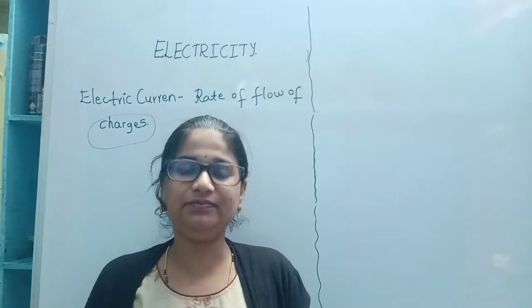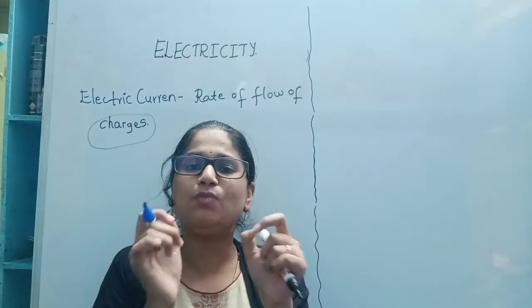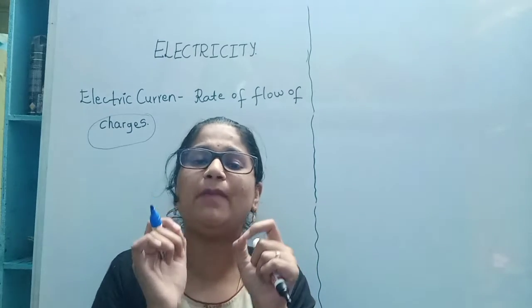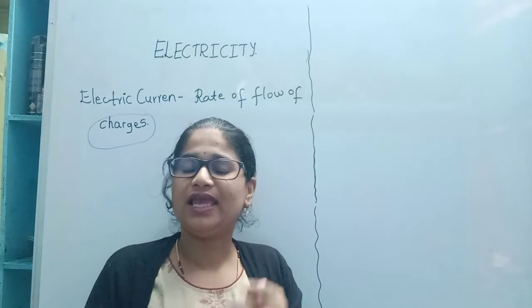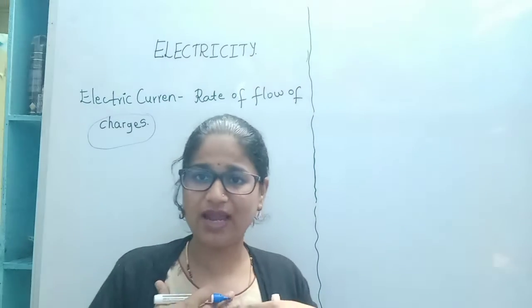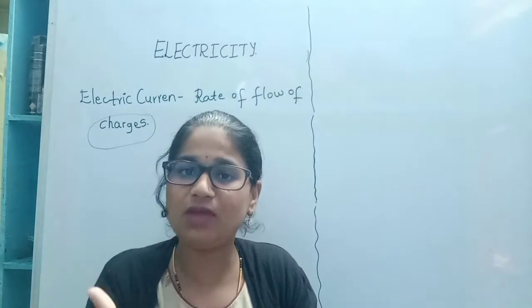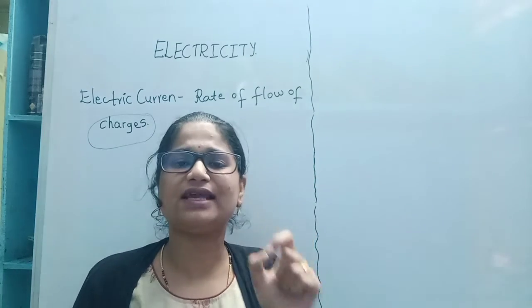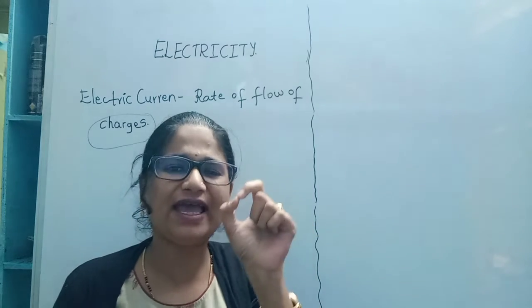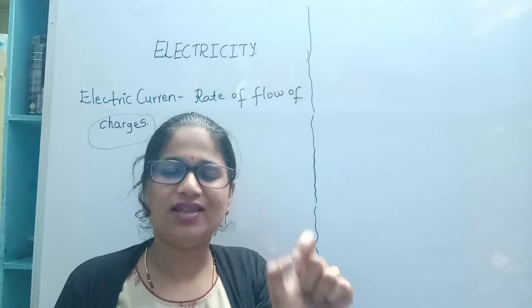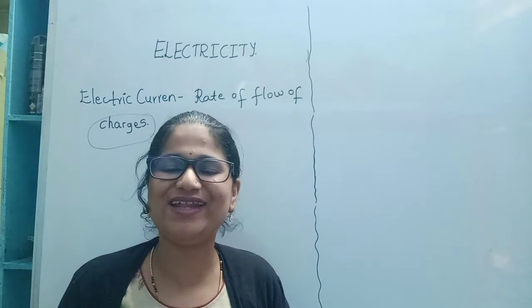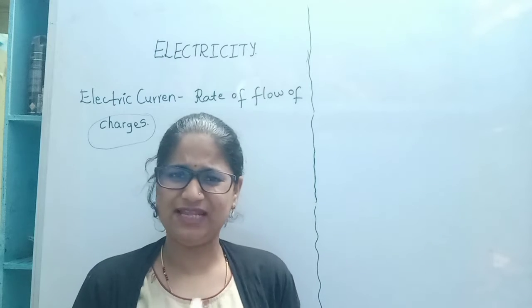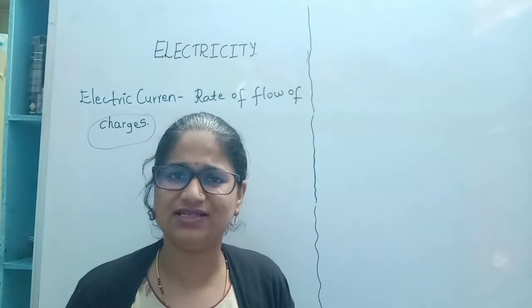So what is an atom? It is nothing but the smallest particle of matter. What is matter? Anything which occupies space. I am matter. This board is matter. You are matter. Mobile is matter. So each and every matter in the surrounding is made up of tiny, small, indivisible particles called atoms.